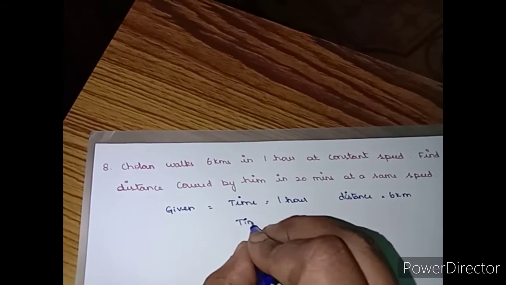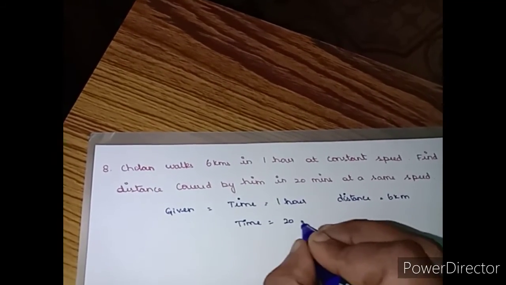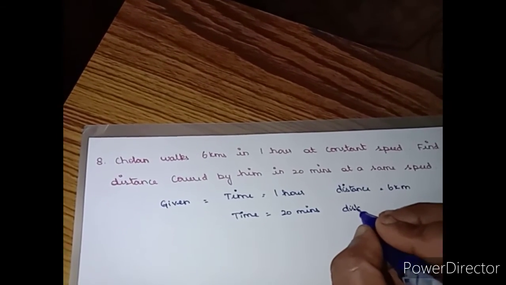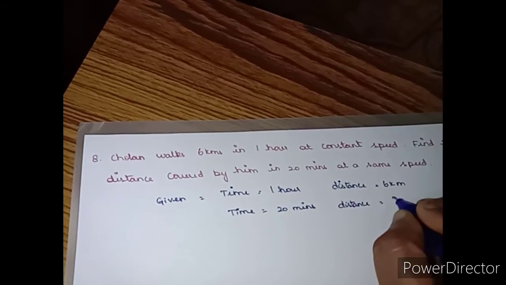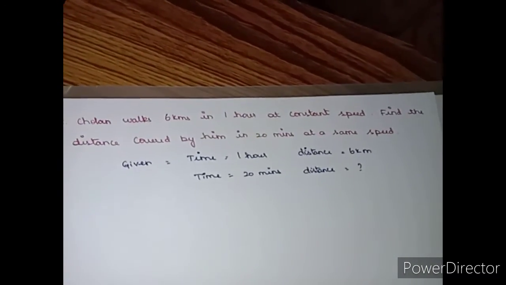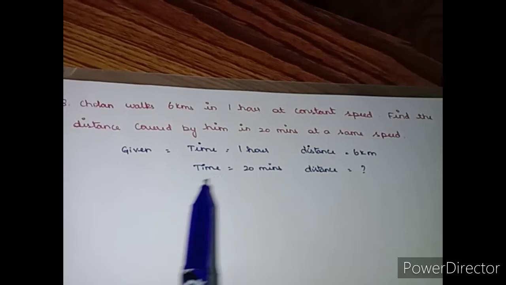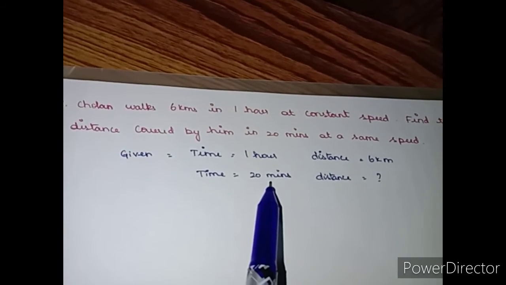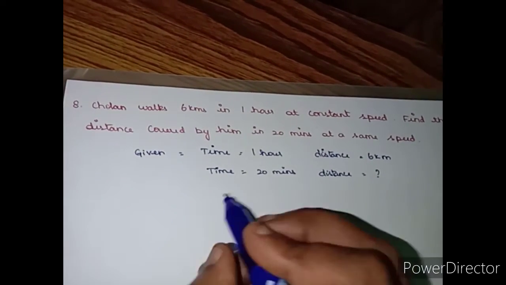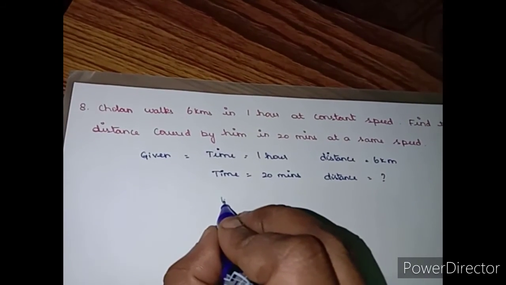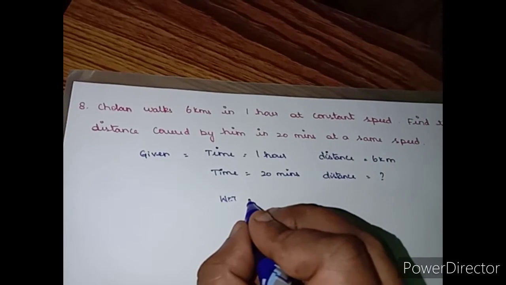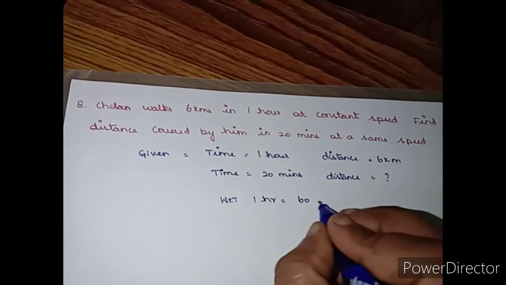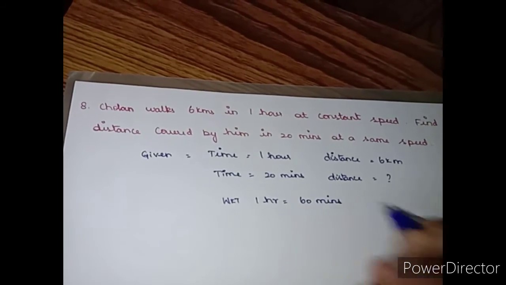So again time 20 minutes. So distance we should find. For that, see this first time is in hours, the second one is in minutes. So this one we are going to convert into minutes. We know that 1 hour is equal to 60 minutes.